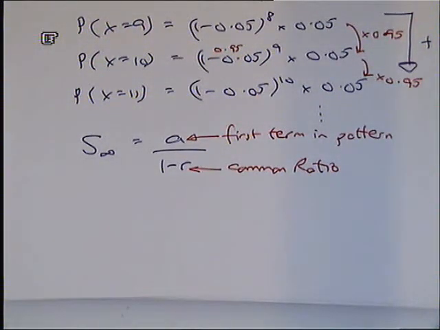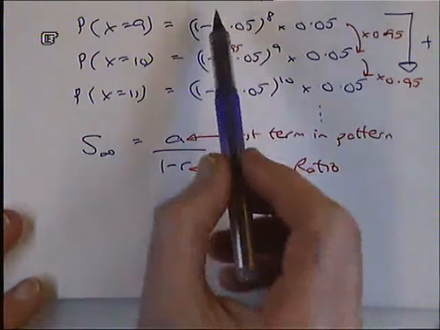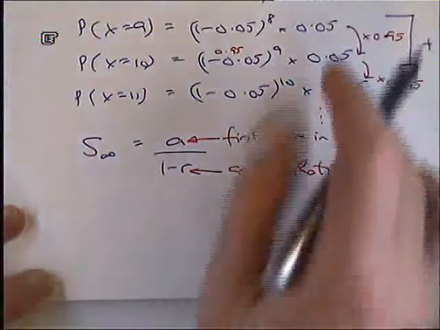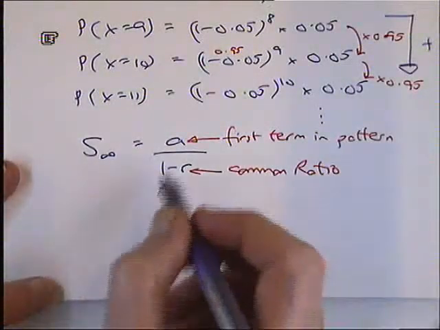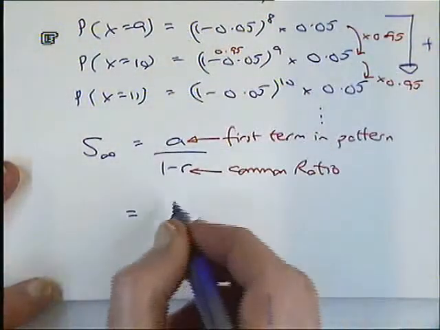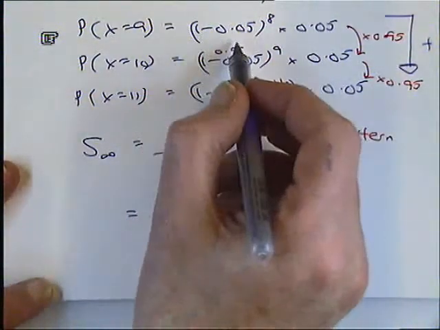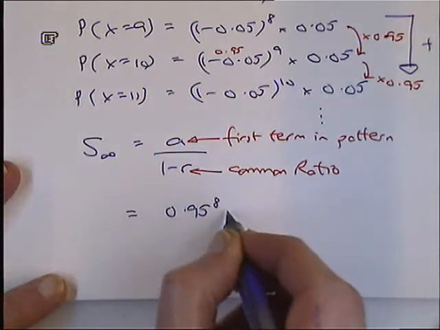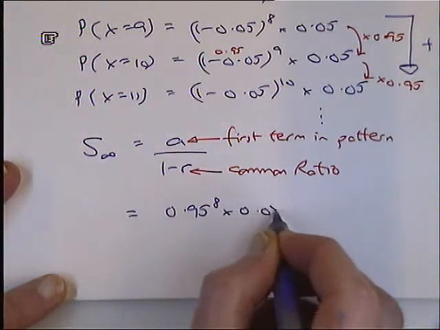In A, the first term in our pattern is this sum here. So if you've got to add up a whole infinite set of these numbers, you use this formula. A, the first term, is all of this. Well, I do know that that 1 minus bit is actually 0.95. So it's 0.95 to the 8 times by 0.05.